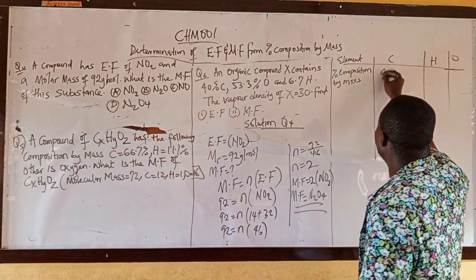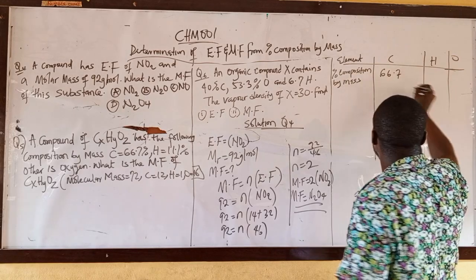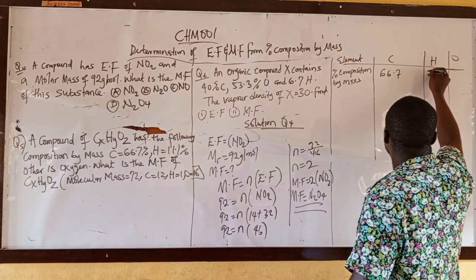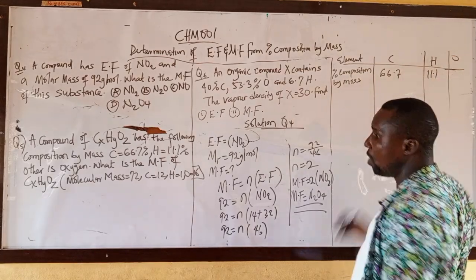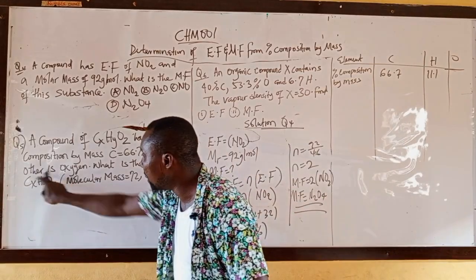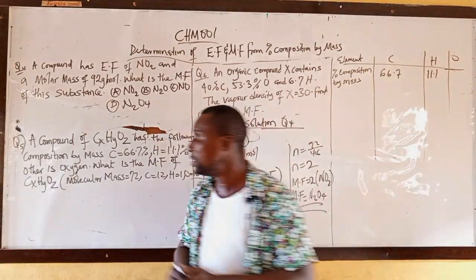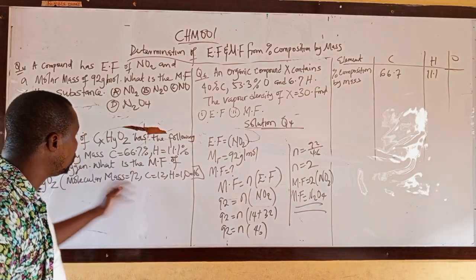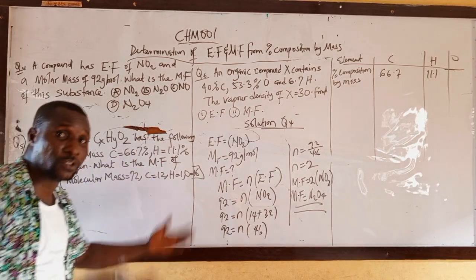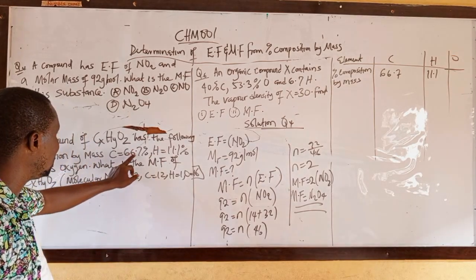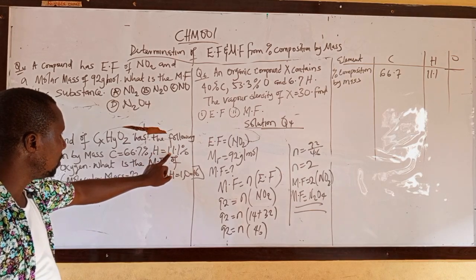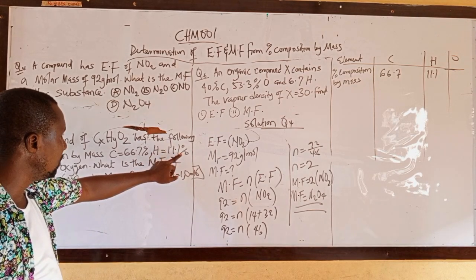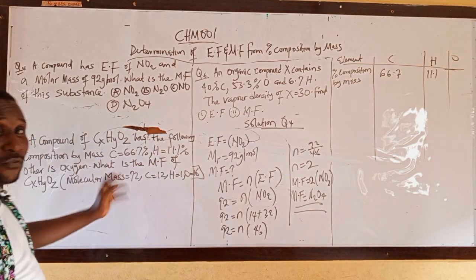For C, we have 66.7. For hydrogen, we have 11.1. For oxygen, they say others is oxygen. How do we get oxygen? I told you the addition of everything must give you 100. Therefore, 66.7 plus 11.1, then take it away from 100.